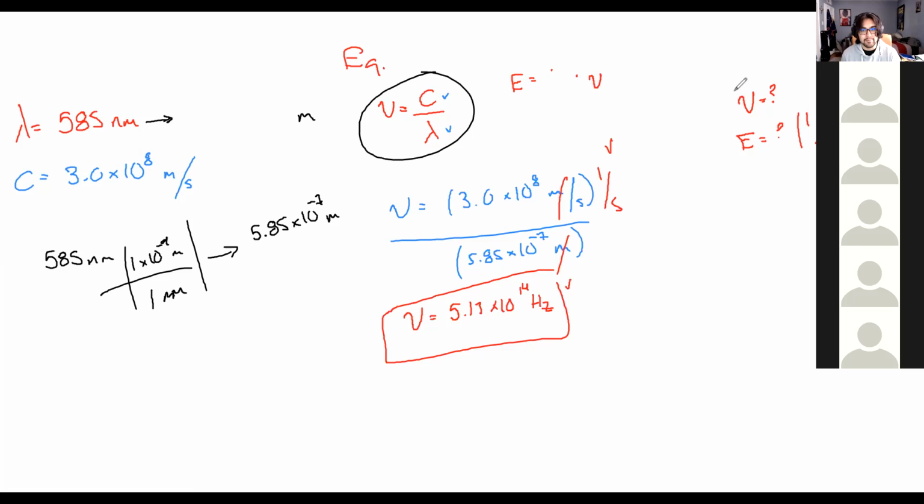Let me go ahead and make that look like an H. Okay, and then what's Planck's constant again? 6.63 times 10 to the negative 34 joules times seconds. Sure, and that is correct. Okay, and then do I already have all the necessary variables to solve for my energy?